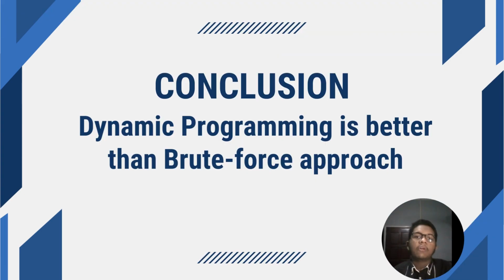In conclusion, dynamic programming offers a more scalable and efficient solution for the knapsack problem, particularly for moderate to large problem instances, making it the preferred choice in most cases. On the other hand, brute force is limited by its exponential time complexity and is only practical for very small problem sizes.